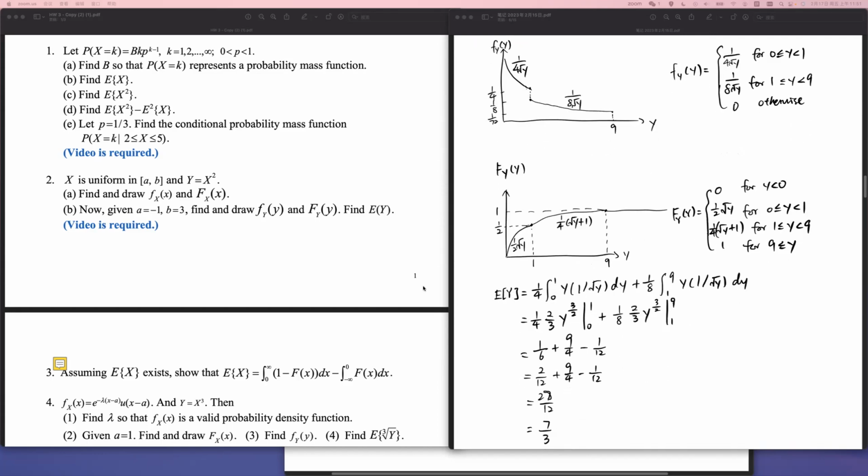And for the last part, to find the expected value of y, it should be y times f_Y. We know that there are two parts. For the first part, it should be y times this function, and the second part should be y times this function. And to sum them together, we get the expected value of y, which is 7/3.